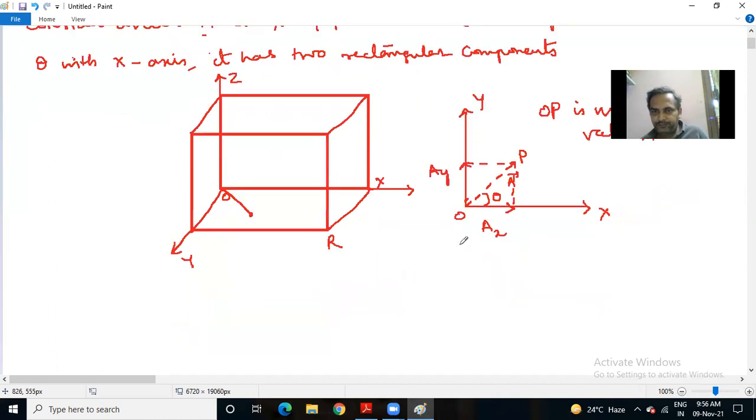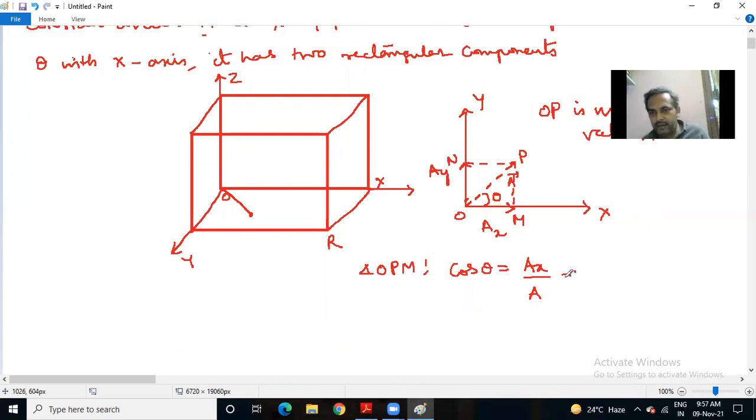Now let me write. Suppose you treat the right angle triangle, this is OPM. Similarly, you also take this as N. If you take the right angle triangle OPM and go with cos theta, what is cos theta? It is AX, adjacent, by hypotenuse, which is A. You don't need to put the bar over the letter, because when you write the components, they are purely scalars only.